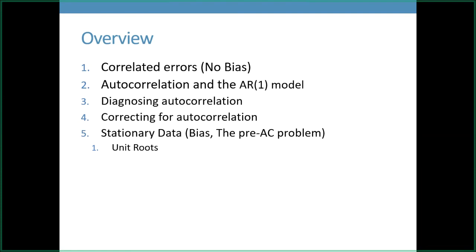So first, time series data involves the idea of correlated errors. It's non-independent data. You're following a single observation over multiple periods of time. Maybe your outcome is the average high temperature in Los Angeles in July, and your explanatory variables are CO2 levels and population and number of cars on the road or something like that.